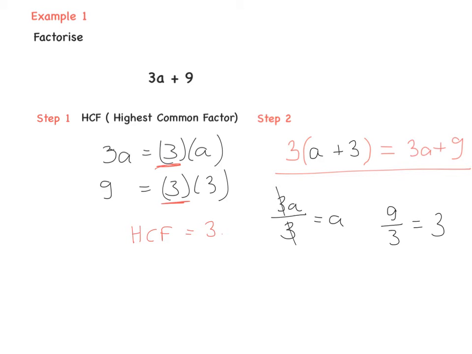Or the same: 3 multiplied by what gives you 3a? 3 multiplied by a gives you 3a. And 3 multiplied by what gives you 9? If you have two terms here, you need two terms in the bracket as well. So 3 by a is 3a and 3 by 3 is 9. Done. Take it down into your copy, please, and we'll go to the next question.